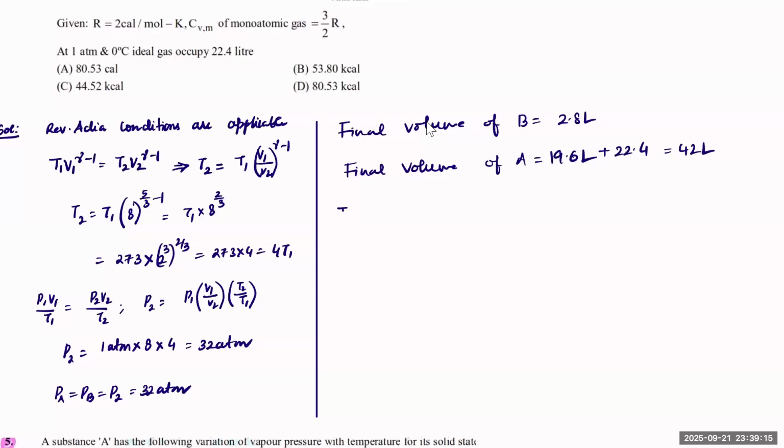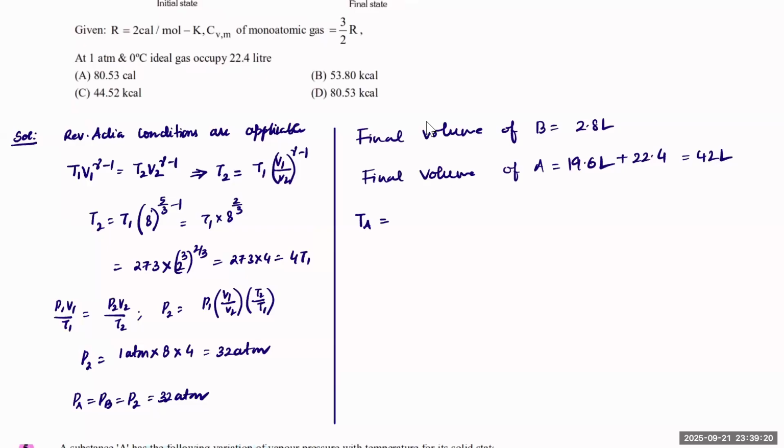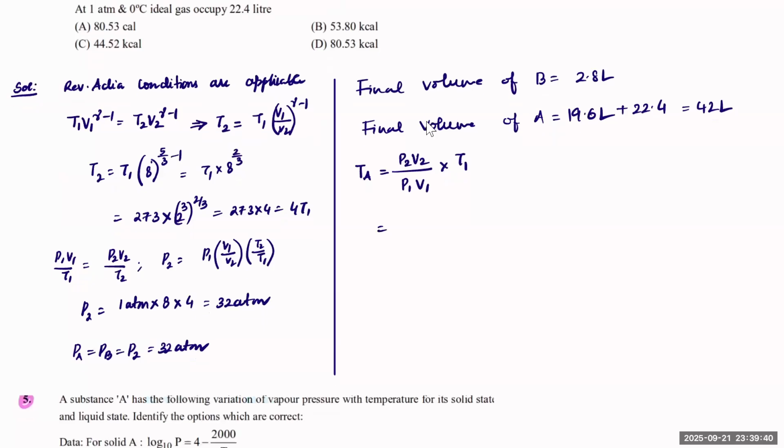Now let us calculate the temperature of A in this case. Earlier, the way we found the pressure term, the same way I can find the temperature. So the final temperature of A will be equal to P2 V2 by P1 V1 multiplied by T1. So P2 by P1 is 32 by 1, into V2 by V1, which is 42 by 22.4 liters, multiplied by T1.